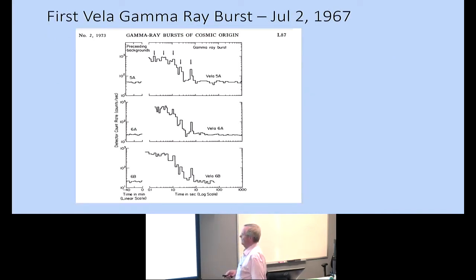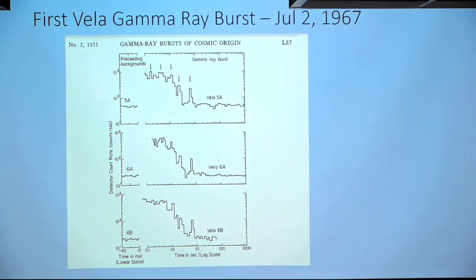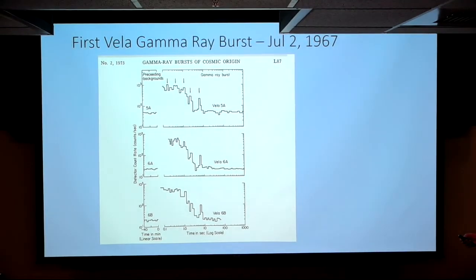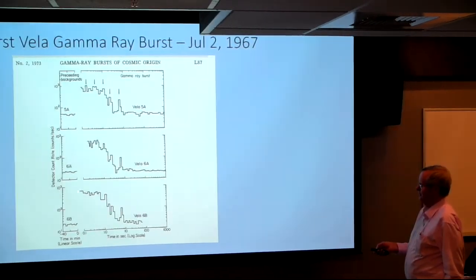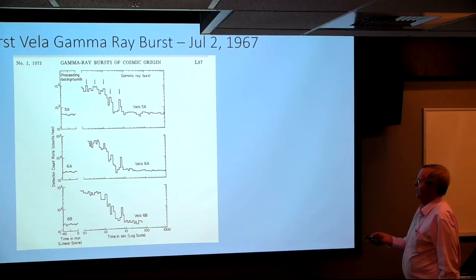So this is the first gamma ray burst ever observed. And I saw this at a Friday colloquium in 1973 in the physics department. First thing we learned about it. These are 3 different satellites, labeled 5A, 6A, 6B. And this is a counting rate before the burst, about 60 or 30 or 25 photons per second.